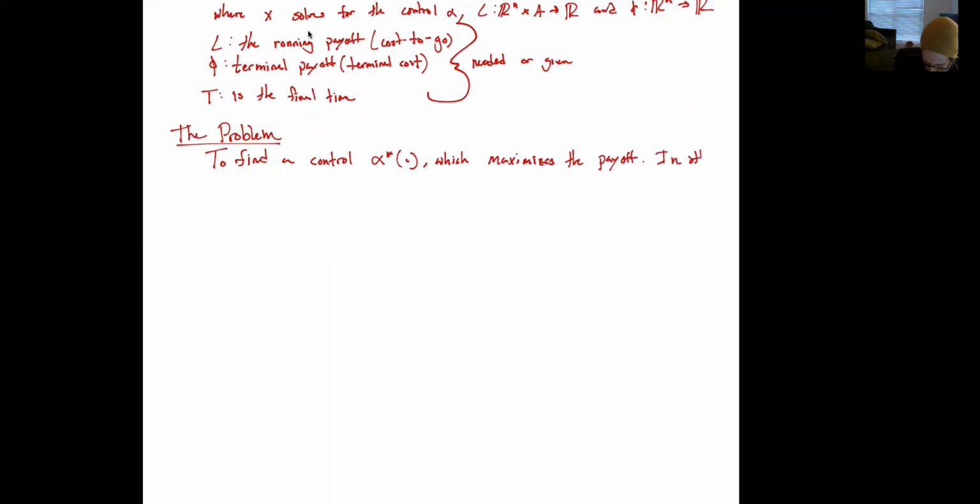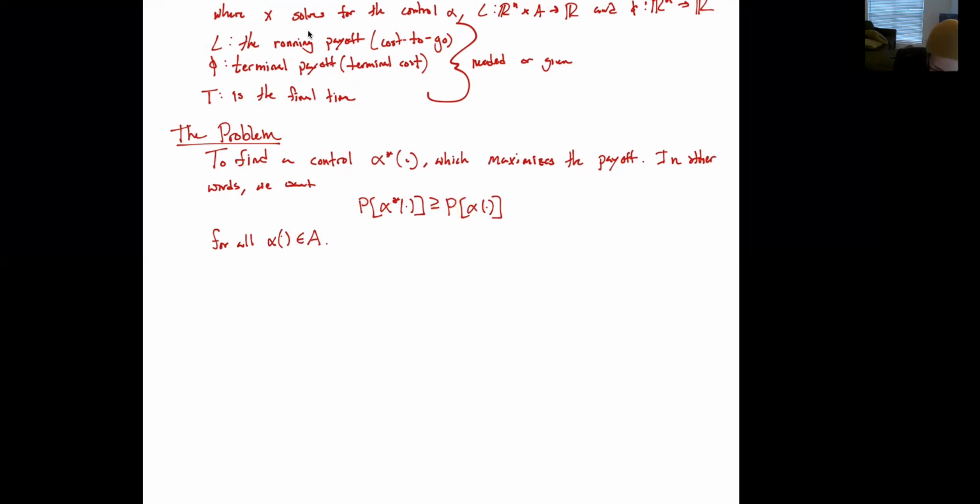So in other words, we want P of alpha star to be greater than the payoff of alpha for all other controls, so for all alpha in A. So this expression says that we want the payoff of the optimal control of our system to be larger than the payoff for any other values of alpha.